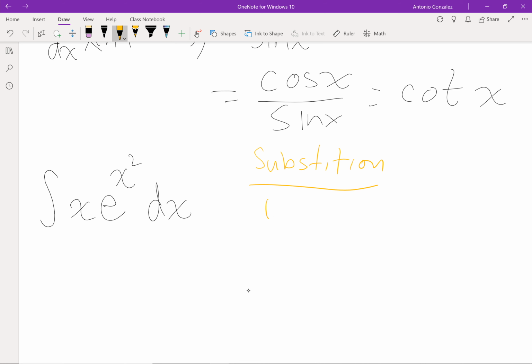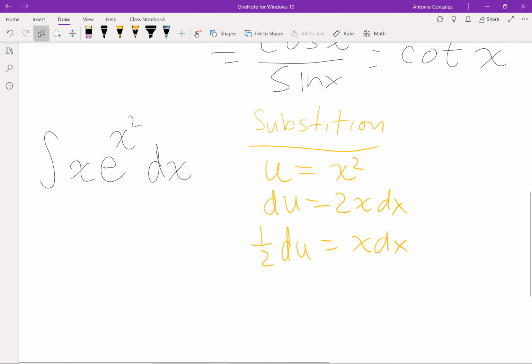All right, so for my substitution, I'm going to let u equal x squared. That means du is 2x dx, right? And I see the x dx out there. The only thing I don't see is a 2, so let me divide that out. All right, and now we have our substitutions. So now going to our integral here, this is equivalent to x dx gets replaced with 1/2 du, e to the u.